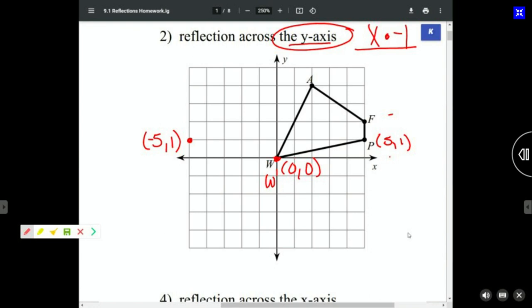All right, what about A? Here's A. You figure out what A and F are going to be.